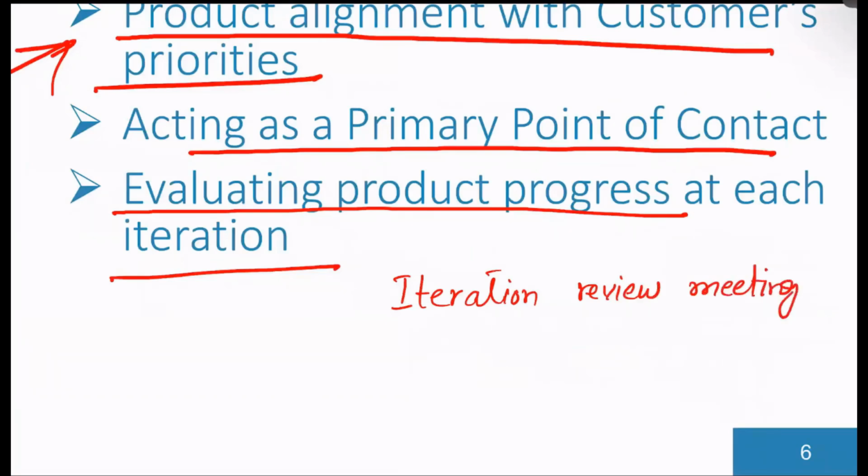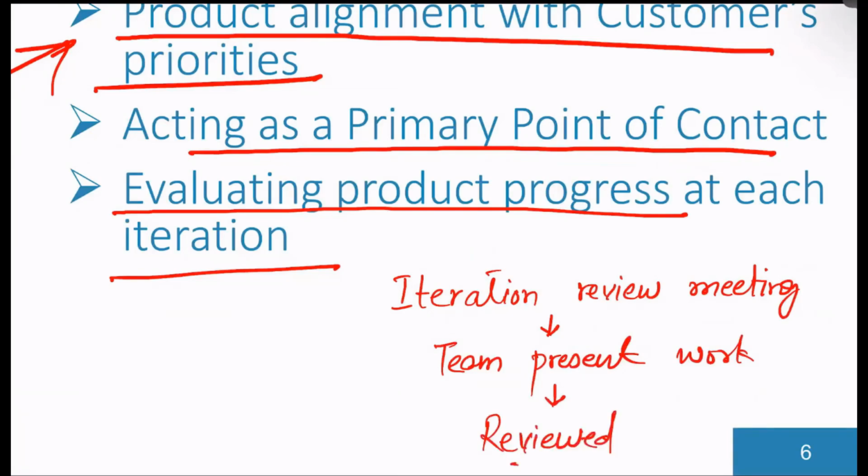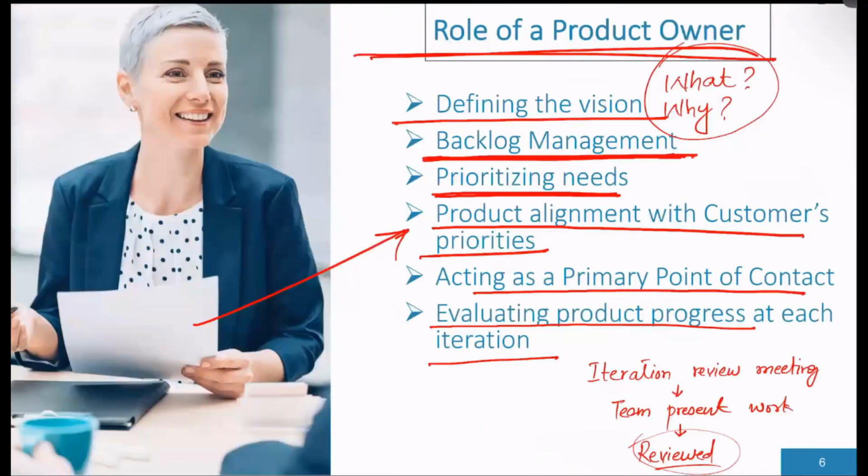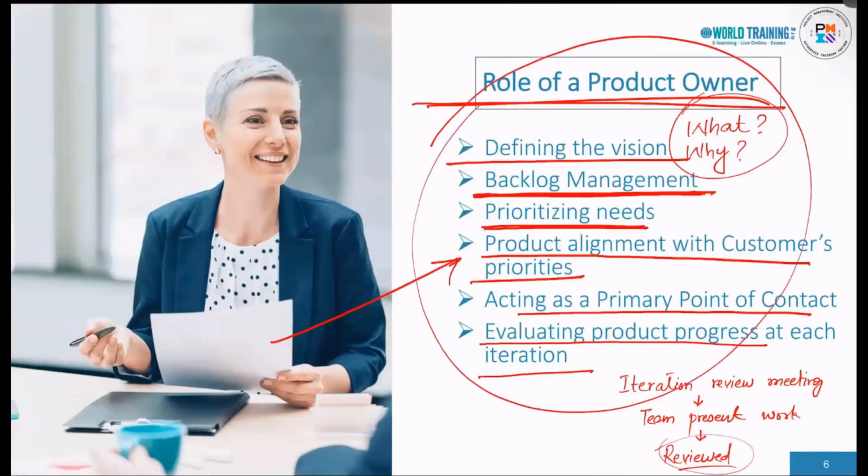And in the iteration review meeting, the team presents the work which is done in that iteration, and that work is reviewed by the product owner and stakeholders. So the work is reviewed and evaluated at the end of each iteration. So these are the core responsibilities of the product owner.